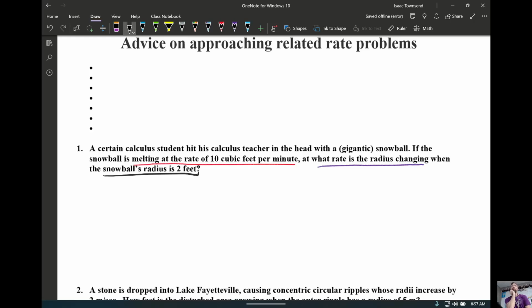Okay, so for all of these questions, you need to try to find a geometry formula to start with.